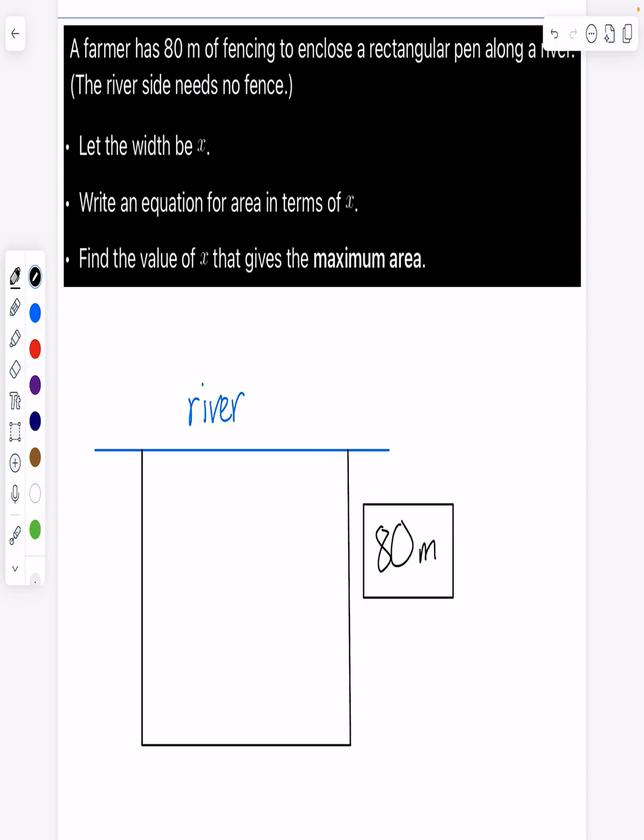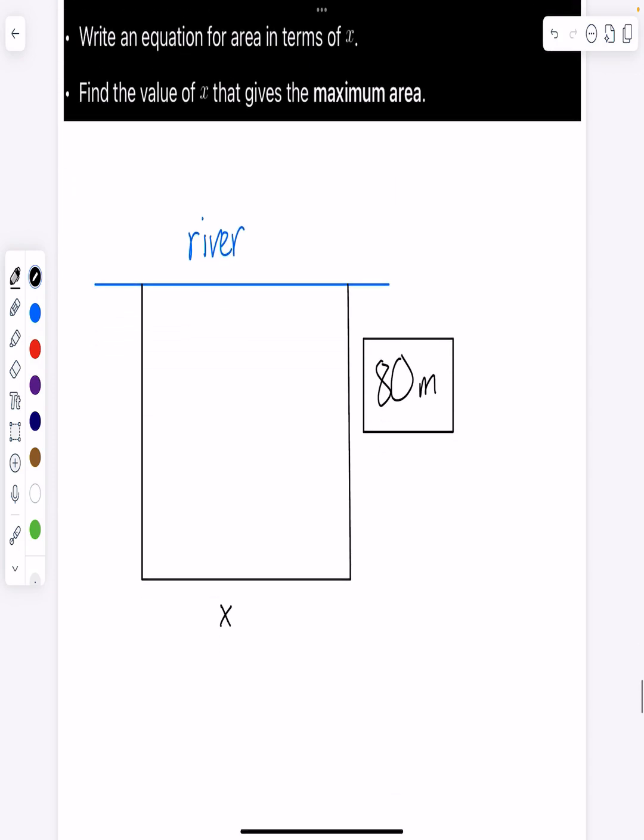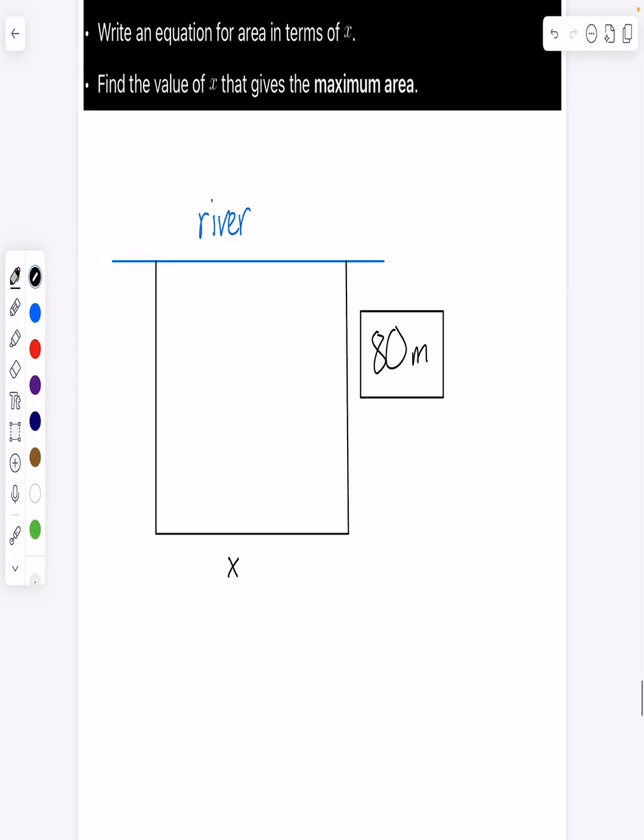And it said let the width side be defined as x, right? And for my length sides, we can think about this. My length is going to be pretty interesting here, right? I only have 80 meters to play with, and I have 2 length sides. I only have 1 width side, but I have 2 length sides.